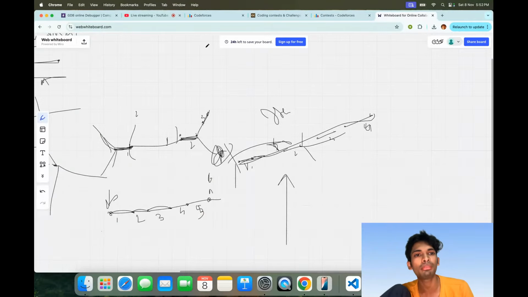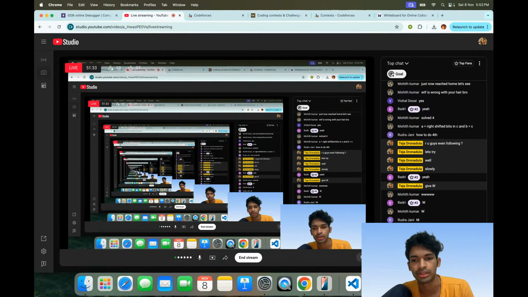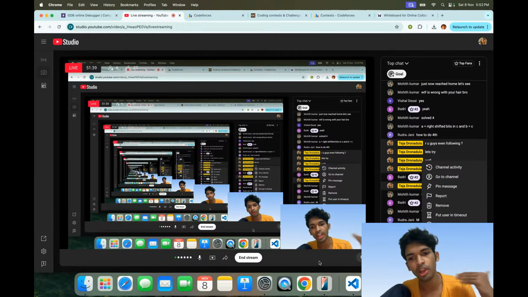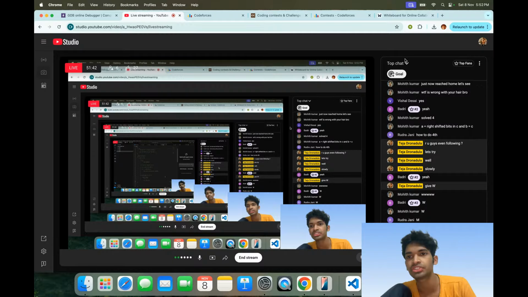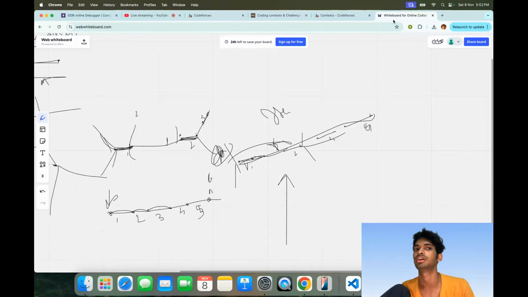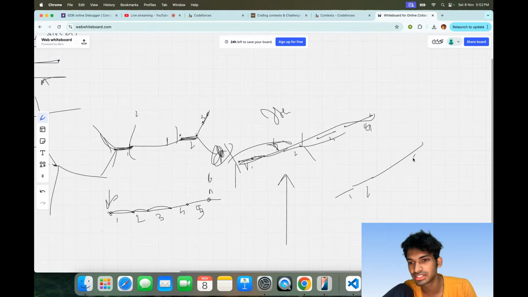Do you see how I wrote one lower bound already? And you know why lower bounds are good? If you have a test case that matches a lower bound, then that's the answer. If this was the permutation 1, 2, 3 up to c and you have some extra things, at least this must be done.